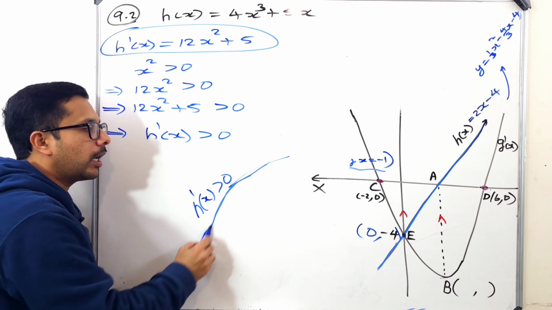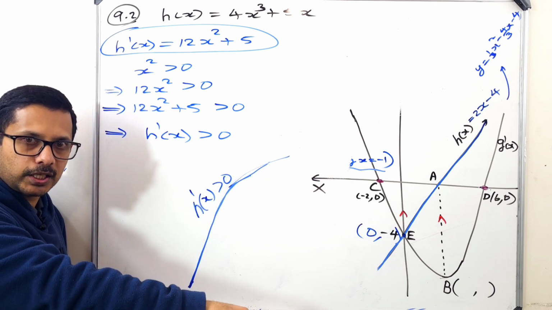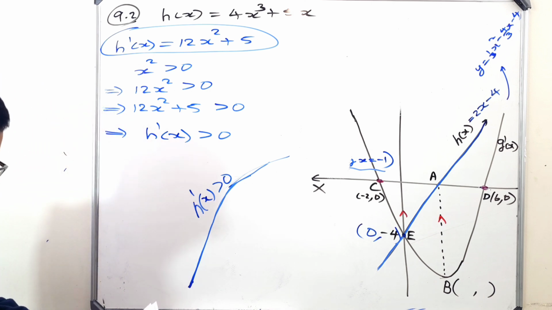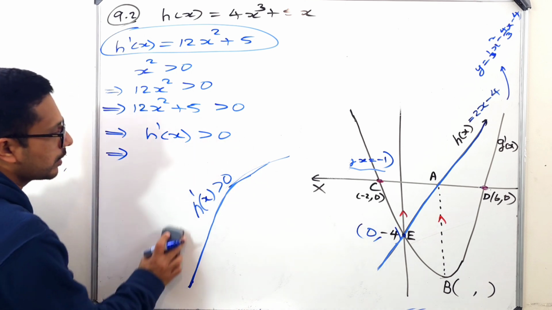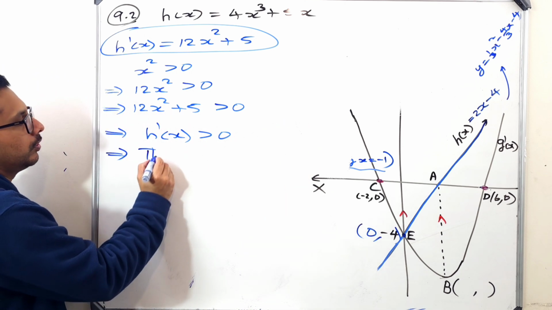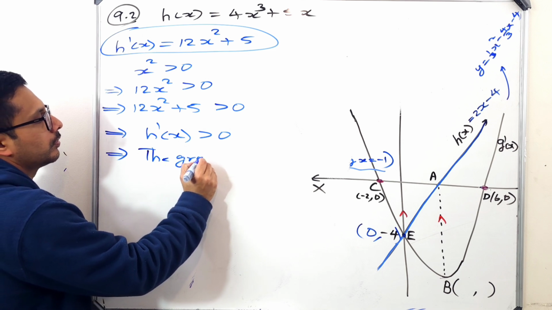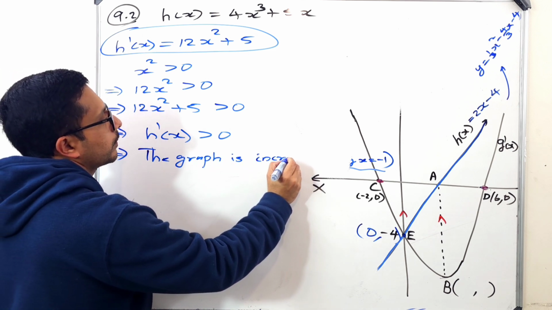It means that the graph is going only up, not going down. Do you understand, guys? So it implies that the graph is increasing.